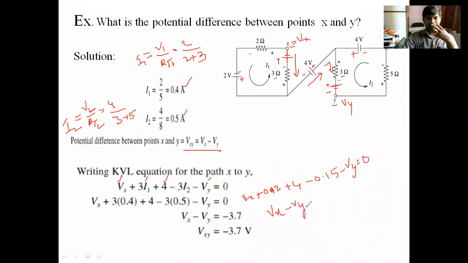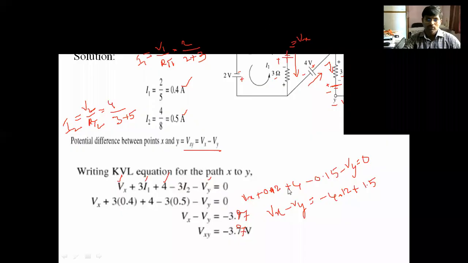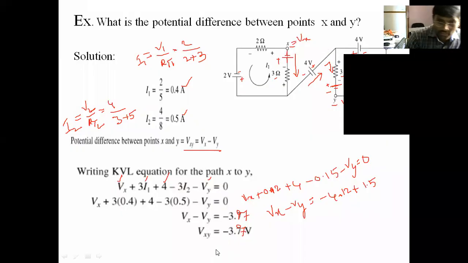Vx minus Vy is equal to minus 4.12 plus 0.5. So the answer is 3.97 minus 4.12 plus 1.5. So minus 3.97, minus 3.97.